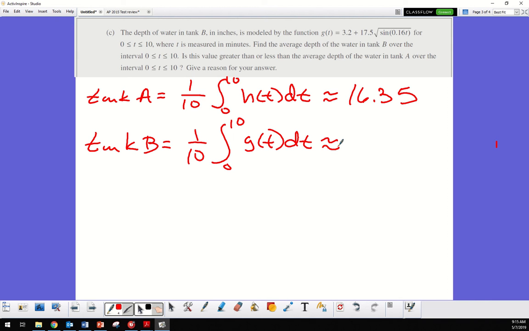Question 1 is always calculator. So what should we do with this one right here? I don't want to do that math, especially on a timed question like this. Plug it in the calculator: 1/10 times the integral from 0 to 10 of that function.